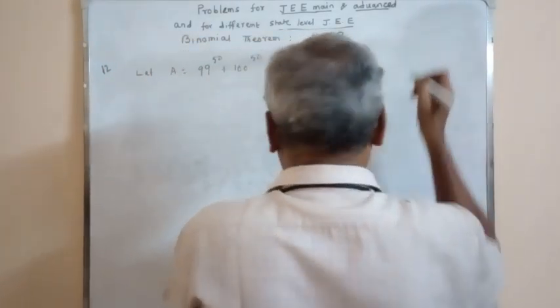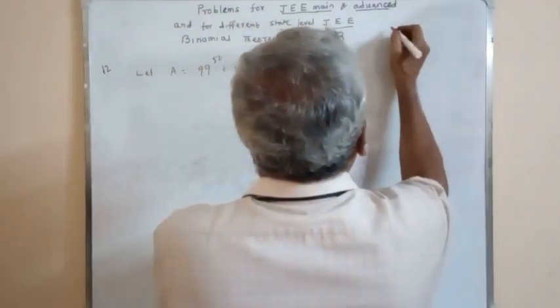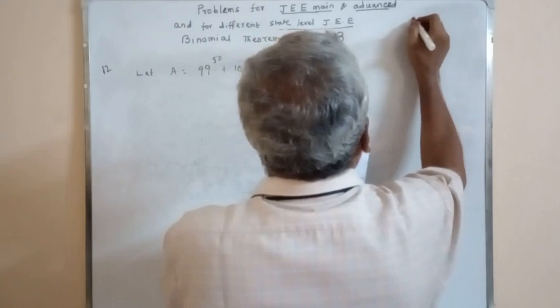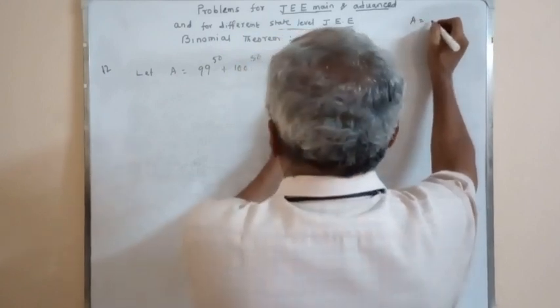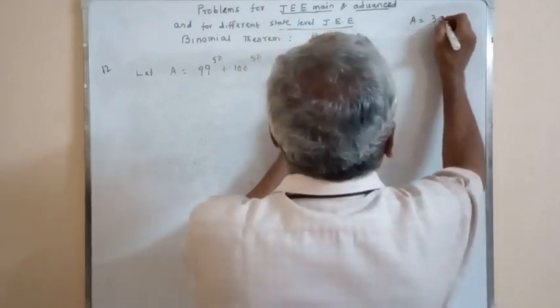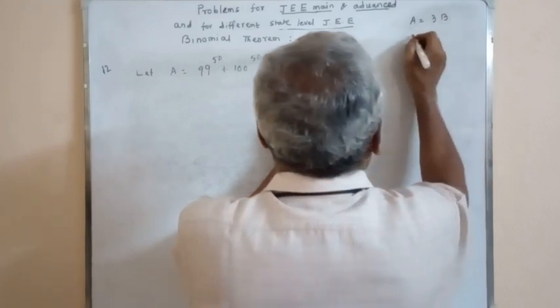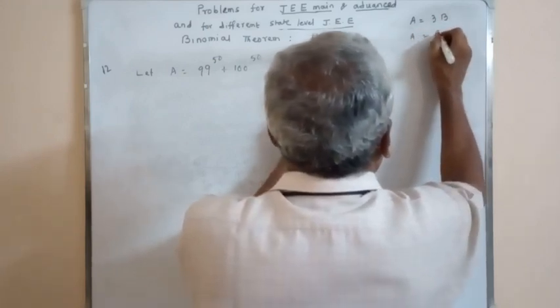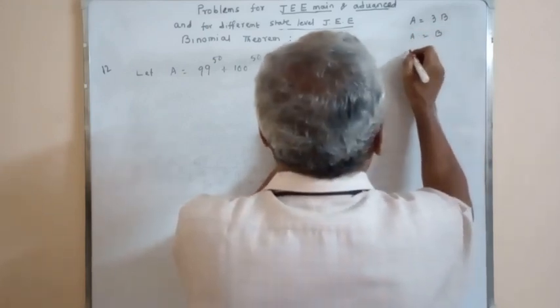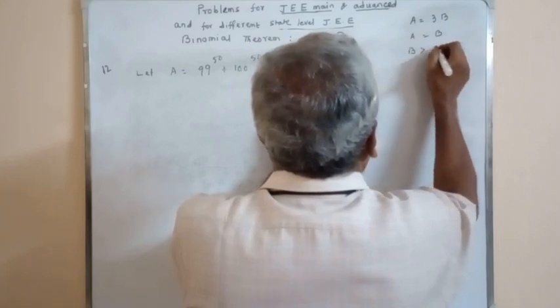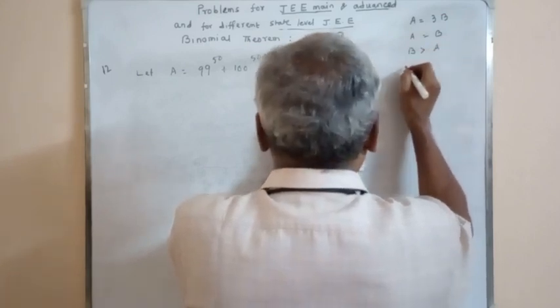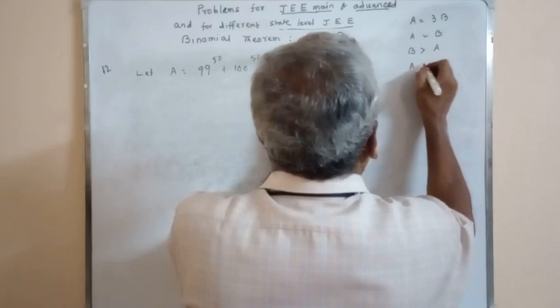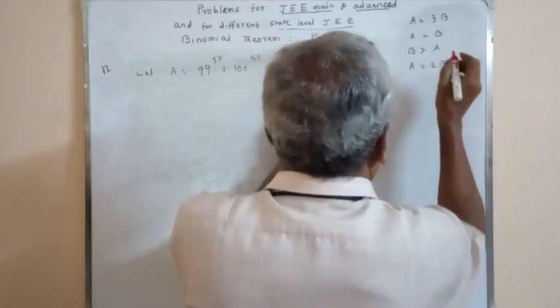A is equal to 3B, A is equal to B, B is greater than A, and A is equal to 2B.